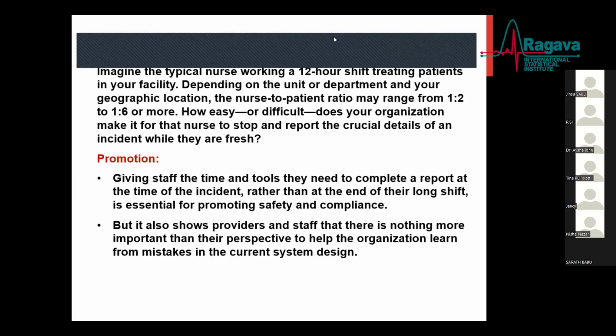The organization or individual who learns from others' mistakes will definitely grow a lot. That is the main purpose of incident reporting, so that we can learn from others' mistakes and similar mistakes cannot happen. If we make them understand how important they are when they report, then definitely there can be a system change.